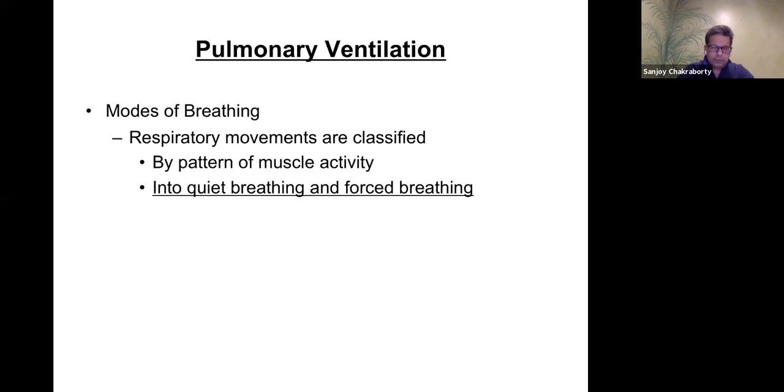Now, the first thing we have to understand is why air moves. Air moves based on the pressure difference. Wherever the air pressure is high, air is going to move to wherever the air pressure is low.